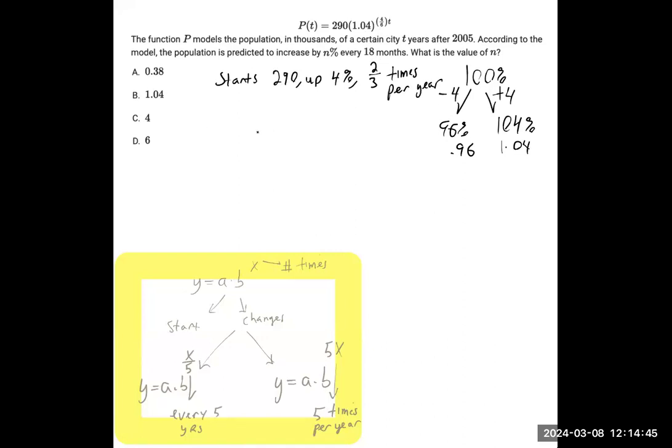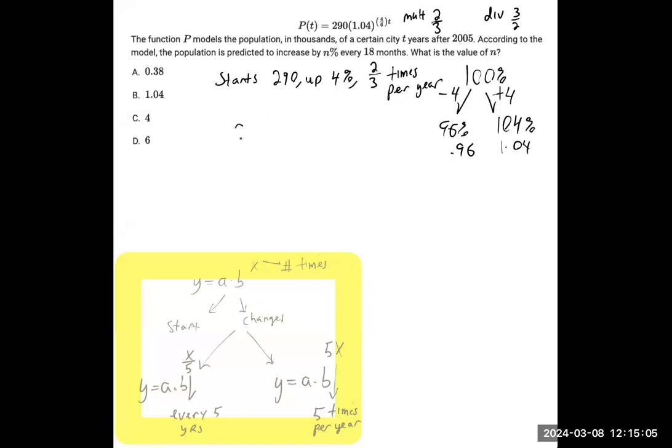Now, there could be a more complicated way to see this, because multiplying by 2/3 is the same as dividing by 3/2. Because we're talking about the dynamic of keep, change, flip.